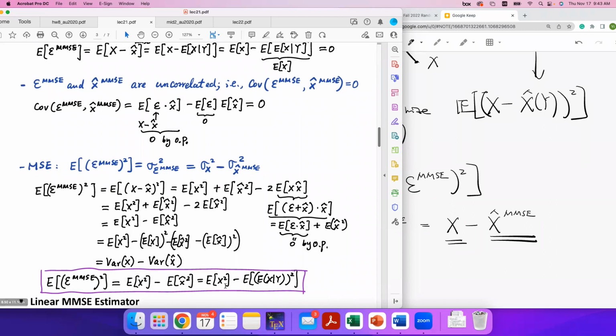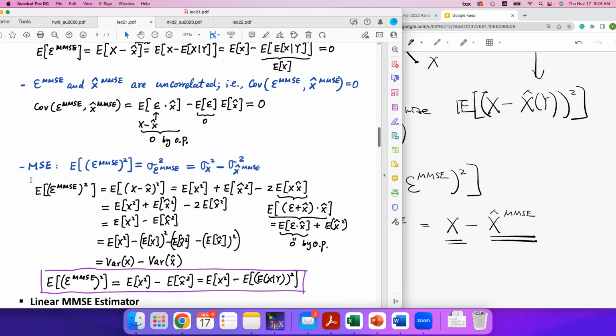So this is how we calculate this term. And in the end, we can show the result equals the variance of x minus the variance of your estimator.